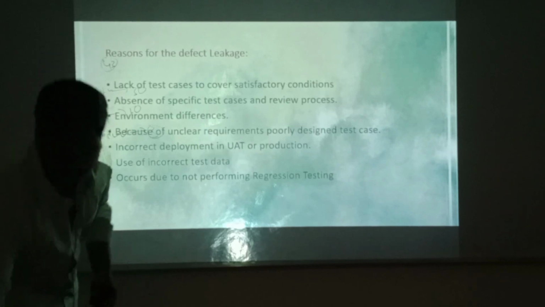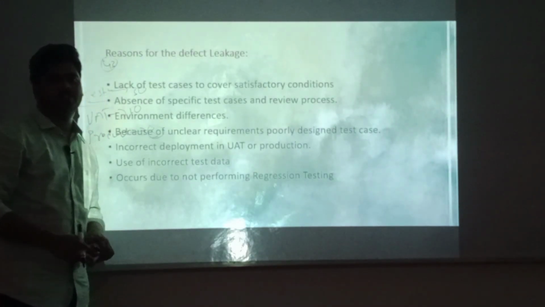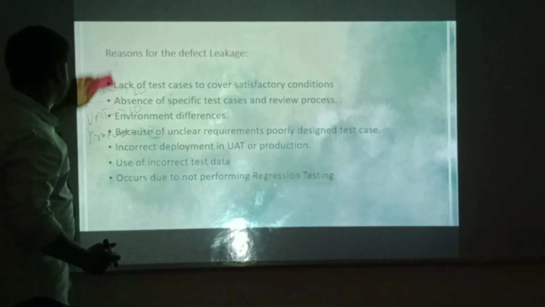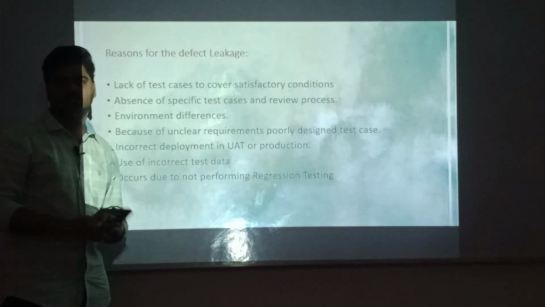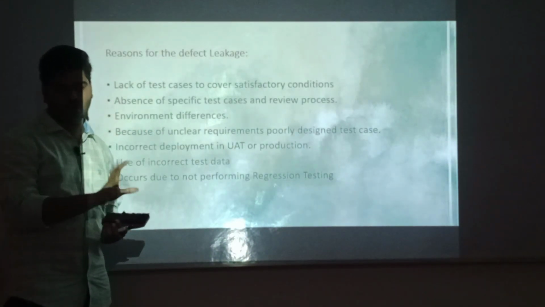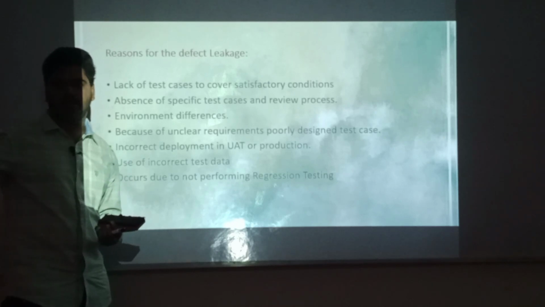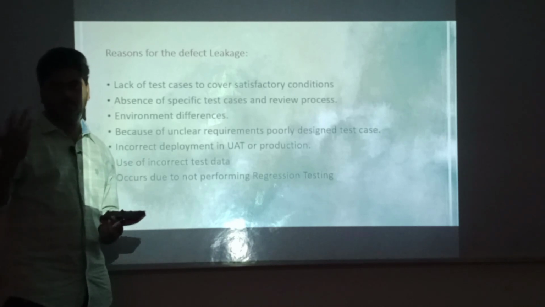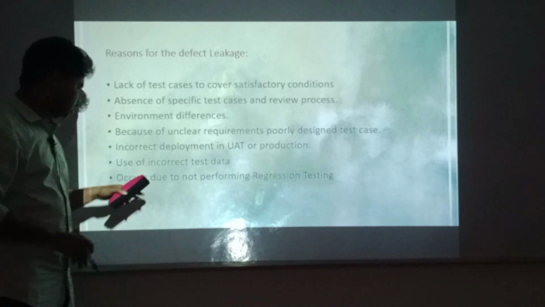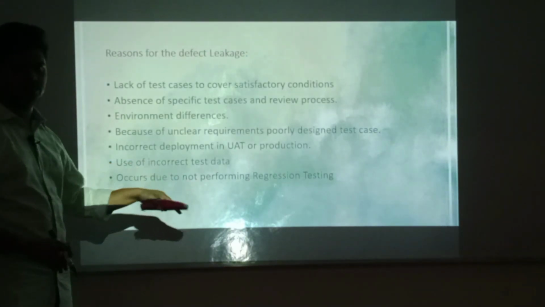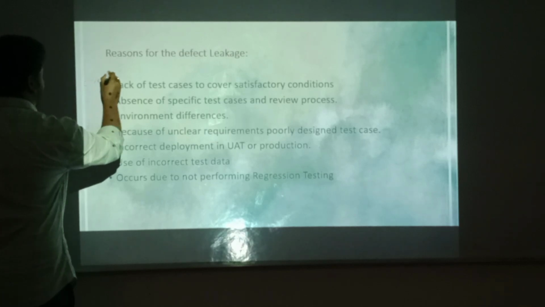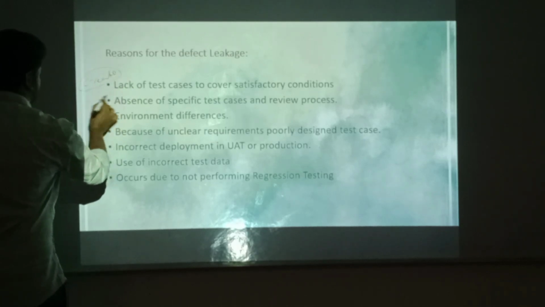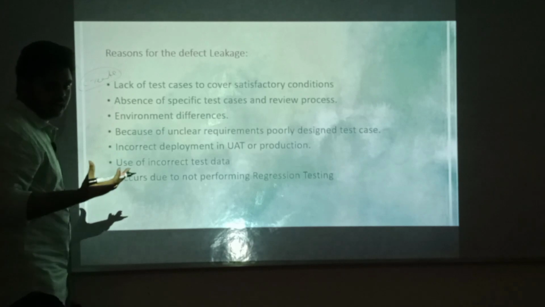For example, we have a defect and the developer fixed the defect, and we didn't perform the regression testing. Why do we perform regression testing? Because due to the code change, there is some impact on other functionalities too. That's why we perform regression testing. In case we didn't perform regression testing, for example, in the create user table, the edit user functionality was not working properly.